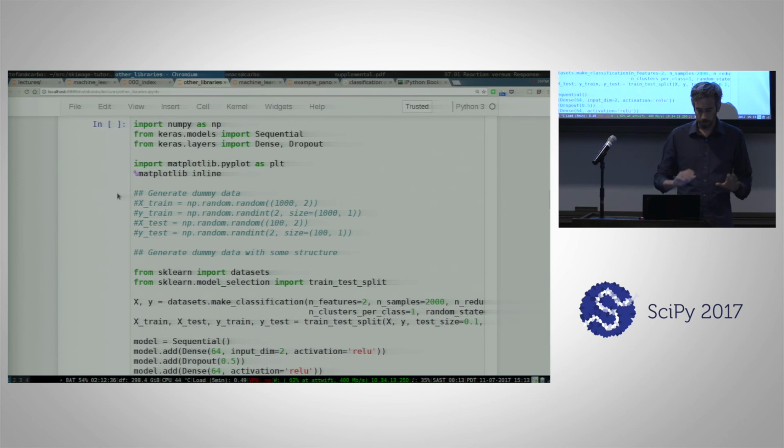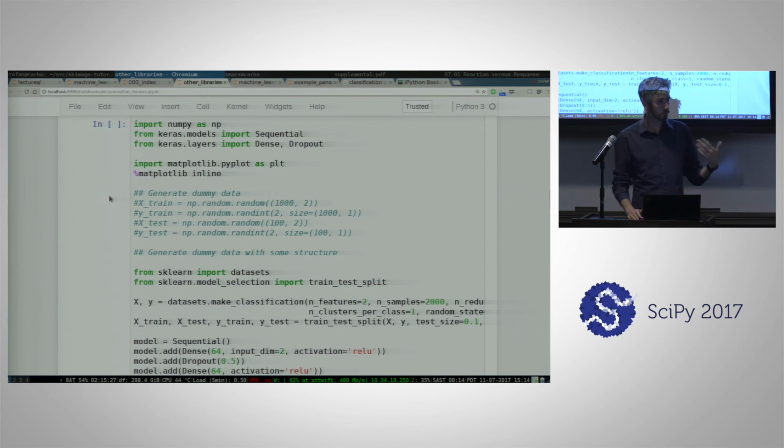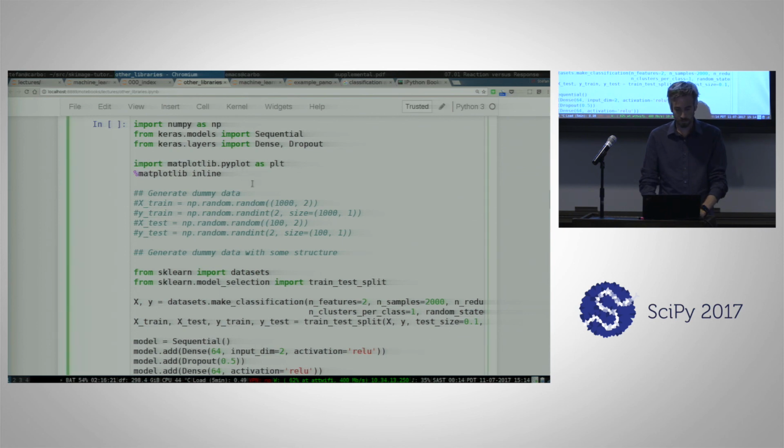I haven't made any attempt to make a sophisticated network that does a good job, but this is a very easy data set, so it will perform well. And then I will use a random forest to do the same classification and just show you the comparison. My hope is that you'll see that even on your laptop, you can start to experiment with these networks and see how they work.